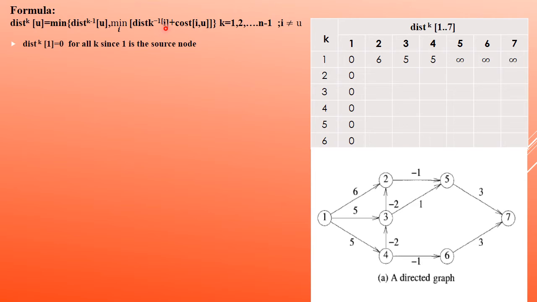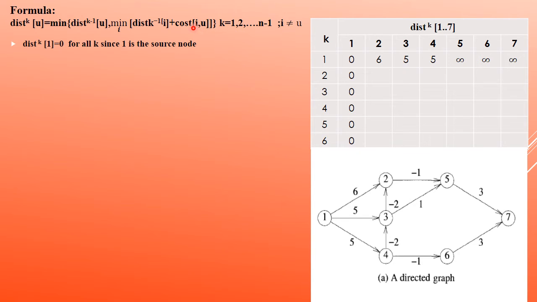That's why you should check i from 1 up till all the nodes, but remember i should not become equal to u. Suppose u is 2, i can take the values 1, not 2, then 3, 4, 5, 6, 7.